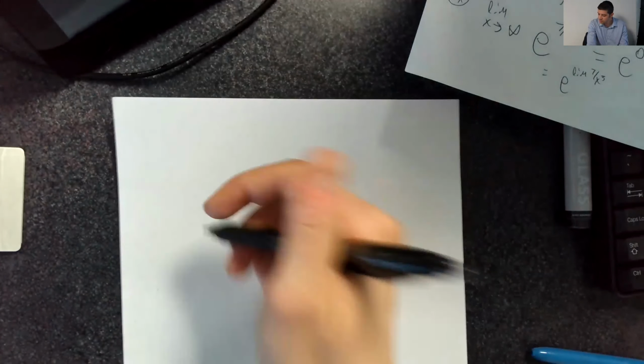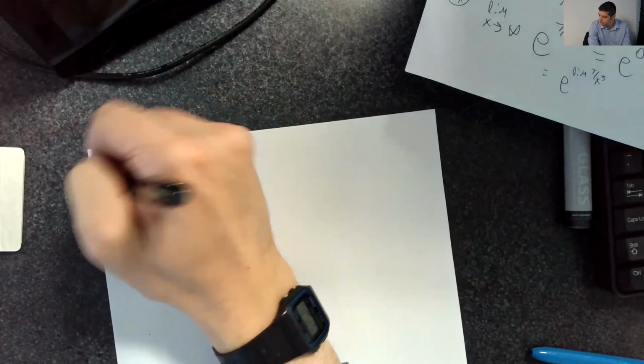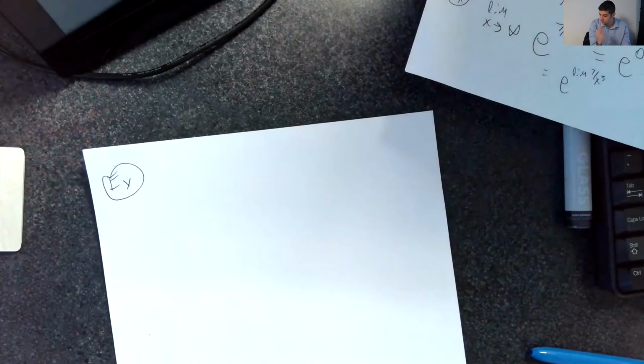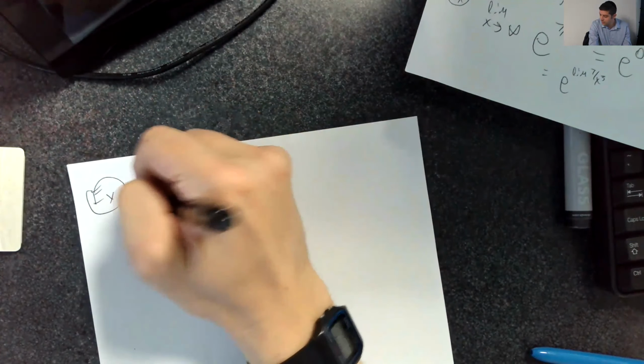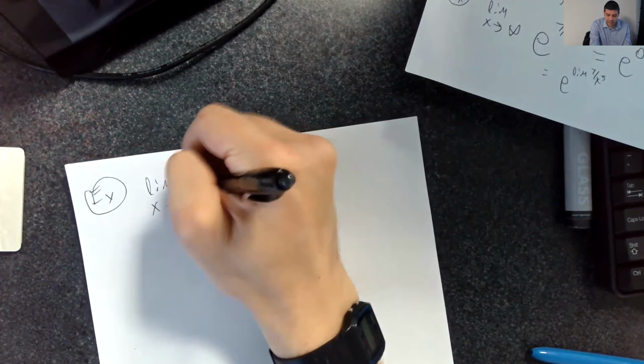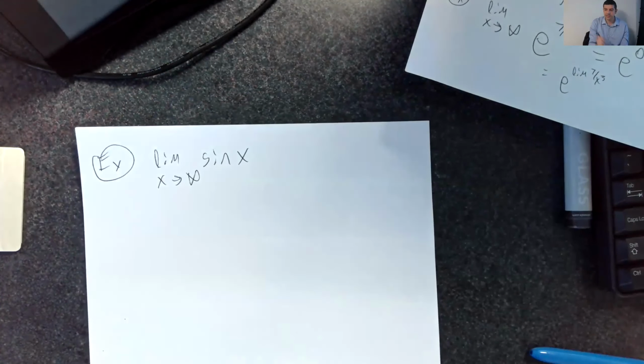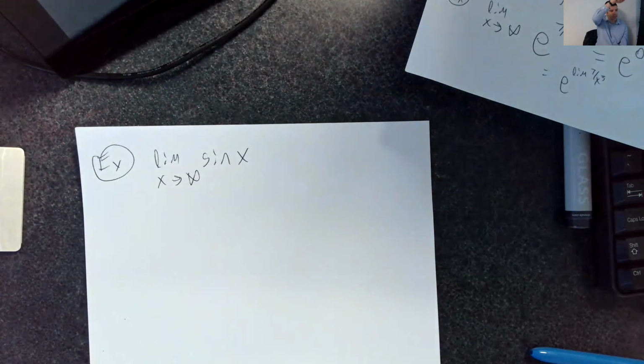Let's see. Let's go over some more oddballs. Another example. Limit as x going to infinity of sine of x. Sine of x keeps oscillating up and down, up and down. DNE.